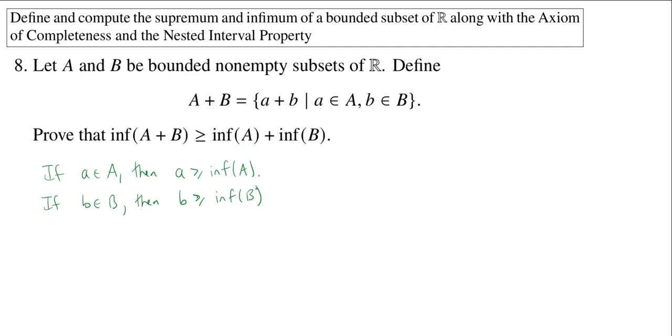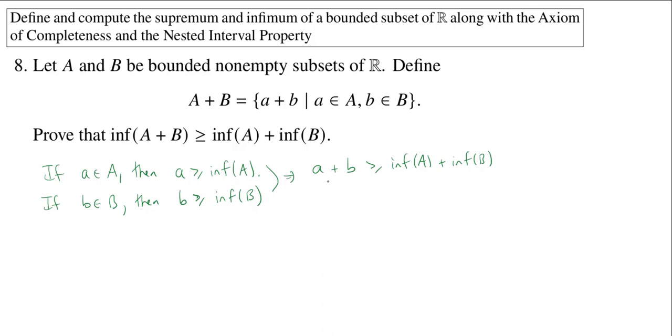But now we have a property of inequalities that says if I start adding numbers to both sides of an inequality, it's not going to change things. So I can add a and b together, and that is going to be at least as big as the infimum of A plus the infimum of B. I can replace b by something smaller, a by something smaller. The inequality still holds. So the combination of these two implies that.